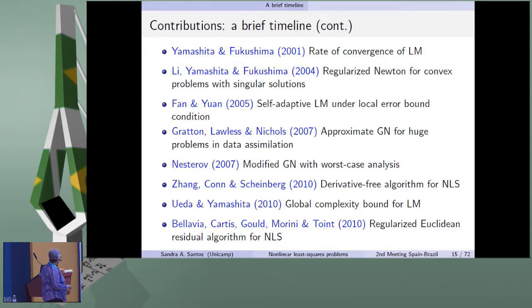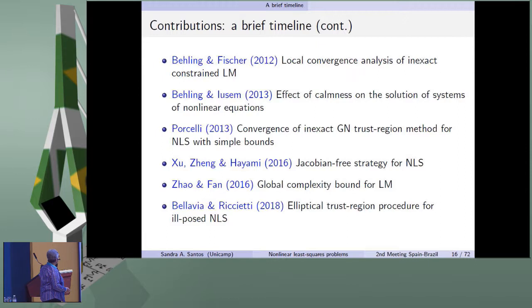So this goes mostly to 2010, and in the last 10 years, the interest in problems in which the Jacobians are rank-deficient continues. Also problems with not only unconstrained nonlinear least squares, but also problems with simple bounds, and the complexity analysis as well as ill-posed problems keep the interest of the community.